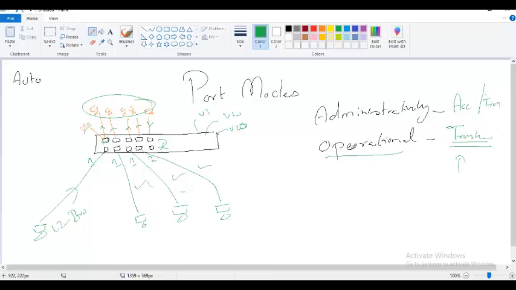But operationally, it will be access. How long? Until someone comes and negotiates trunk. Until some other switch comes and negotiates trunk. What does that mean? In yesterday's lab, I had a link between these two switches.